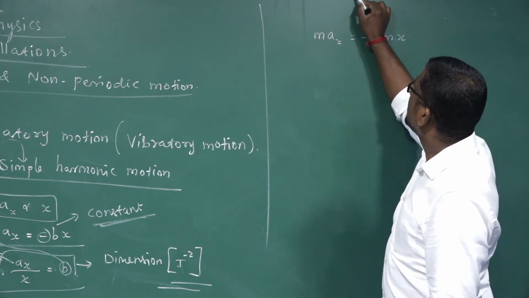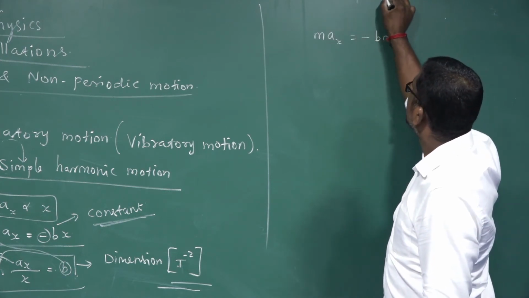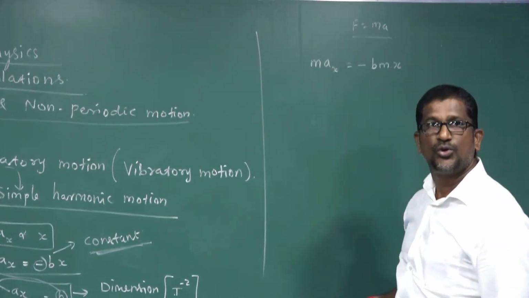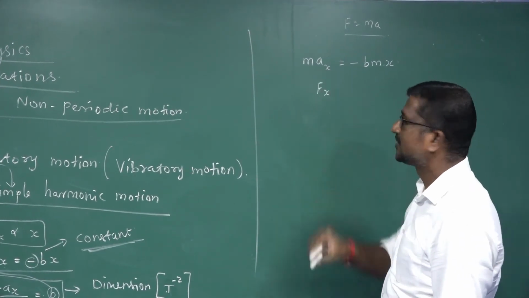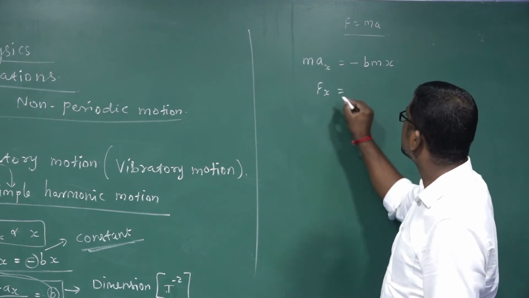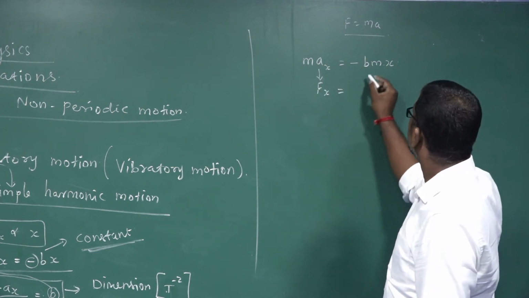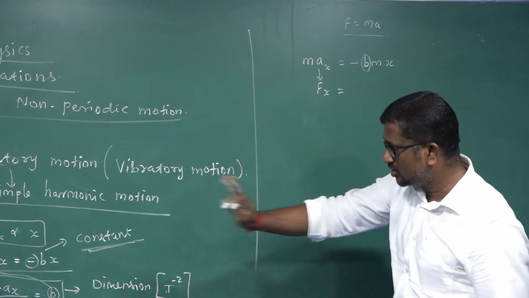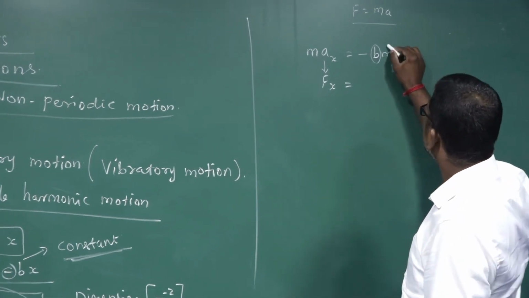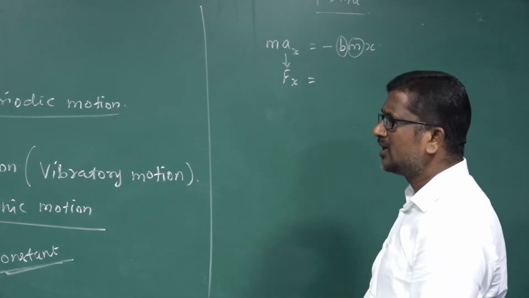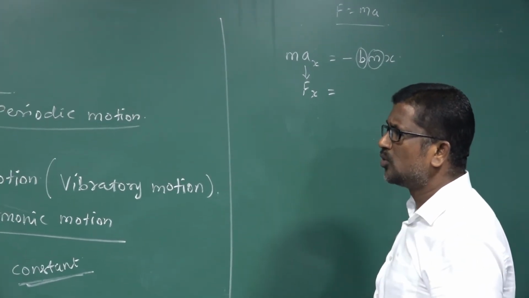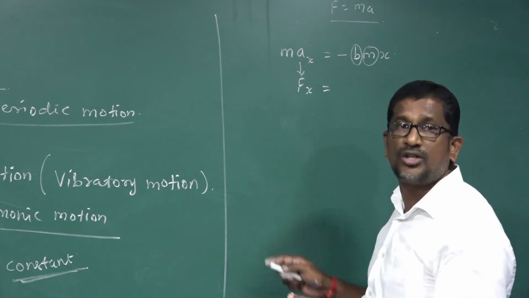Right. Here according to Newton's second law of motion, F is equal to ma. Here m into Ax can be written as F suffix x. So F suffix x is equal to minus b m x, where b is the constant of proportionality and m is the mass of the particle, for a given particle which executes a simple harmonic motion whose mass does not change.